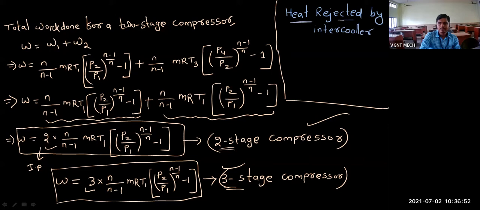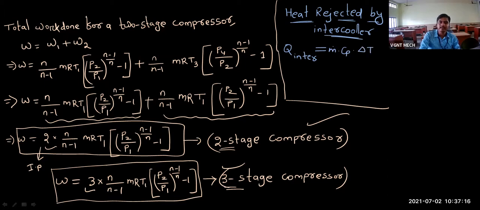We'll calculate this. What is the formula to calculate heat rejected by intercooler? Q inter means heat rejected by intercooler. The formula is mCp delta T. Yes or no?